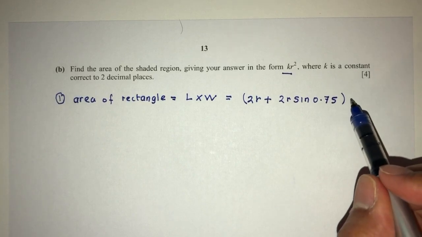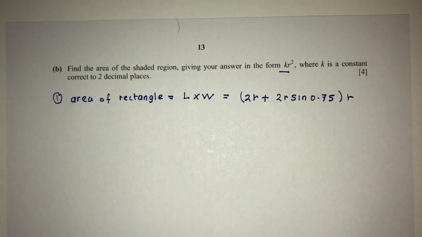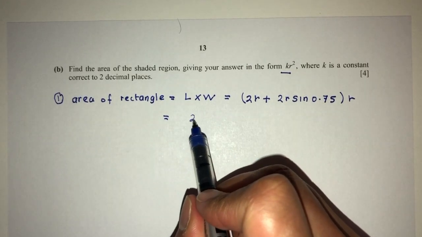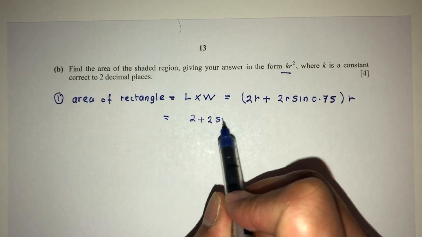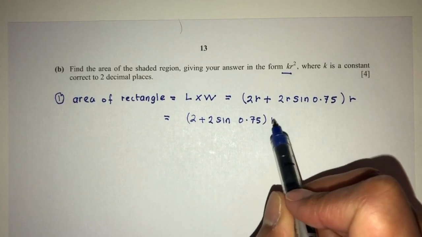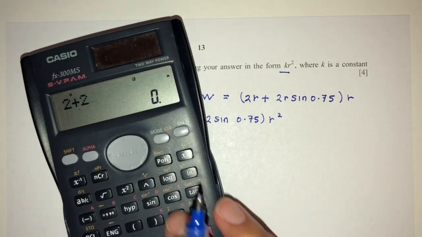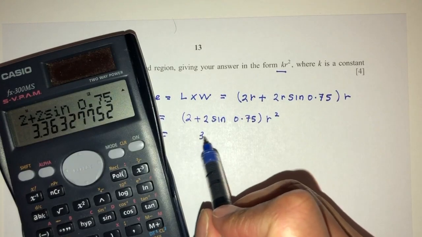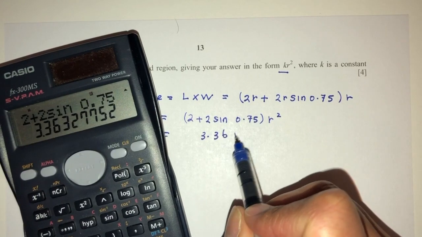Width is given by r. That is my width. So if you write this down, you will have 2 plus 2 sine 0.75, all times r squared. Simplify 2 plus 2 sine of 0.75, that will be 3.36 r squared.